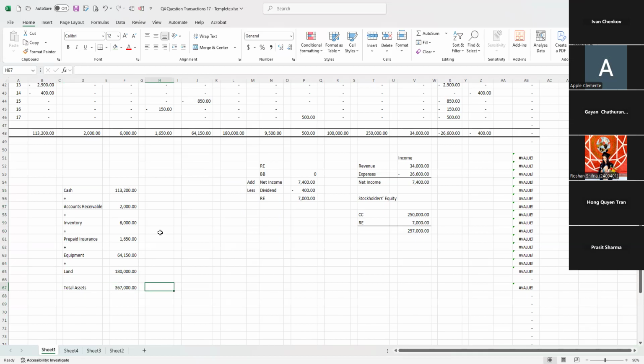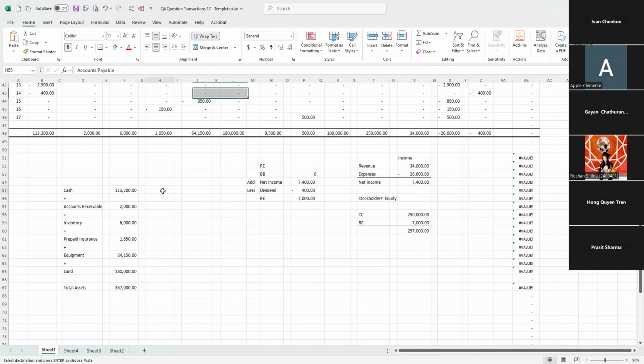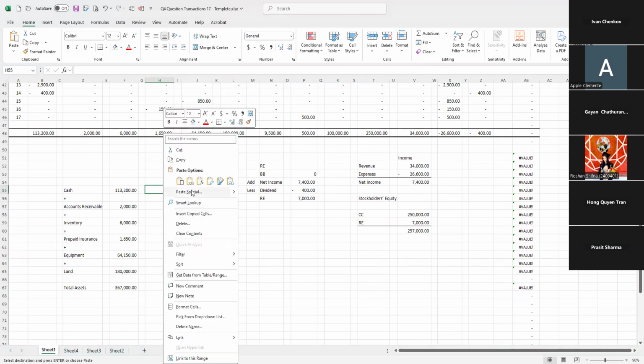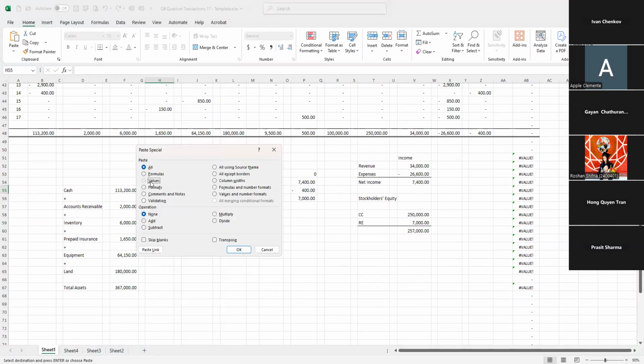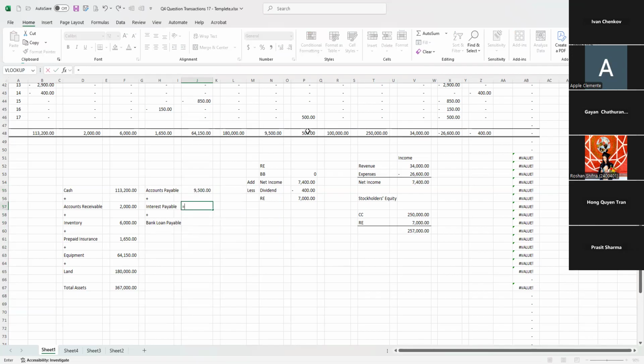Now I have to check my liabilities. Yes, sir. And I have those liabilities. Let's put them together. Paste special, values, and transpose like this. So what do I have? I have accounts payable of 9,500. I have to pay interest of $500, and I have a bank loan payable of $100,000.